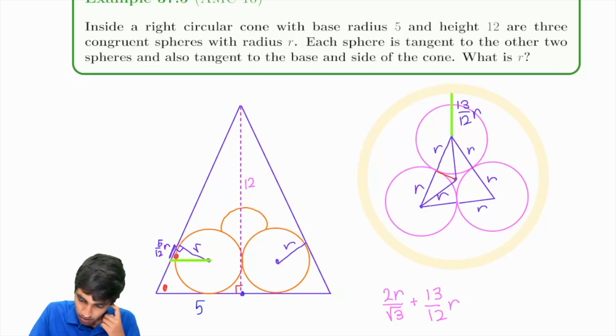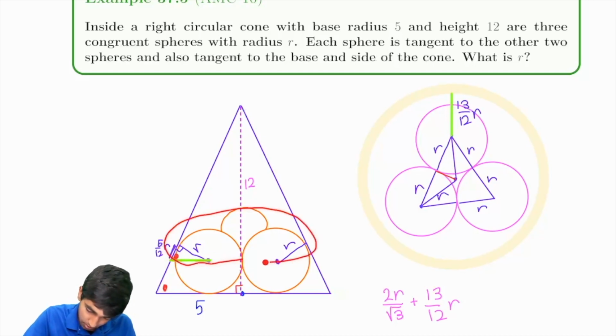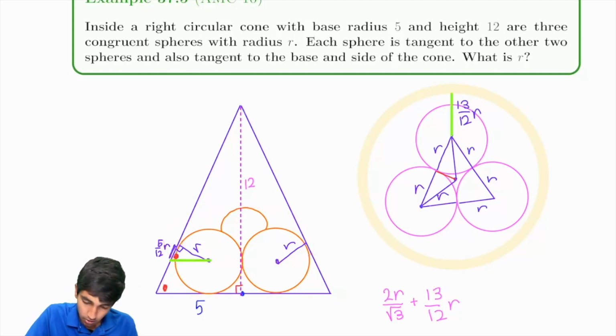But remember that the radius of this orange circle is the same as this distance over here, because the orange circle we're talking about is just this circle here. So this distance from here to here is also the radius of that orange circle.